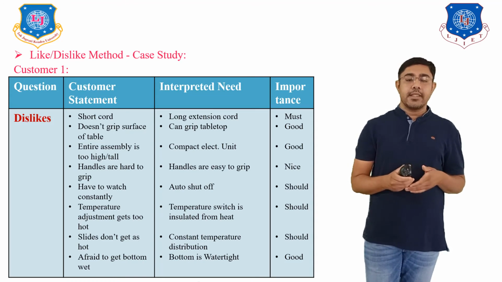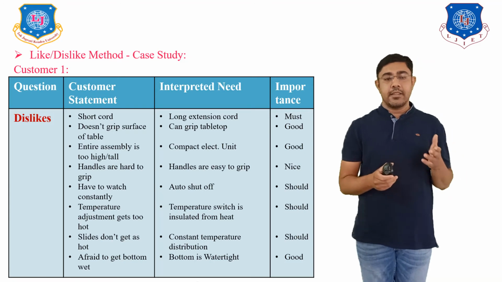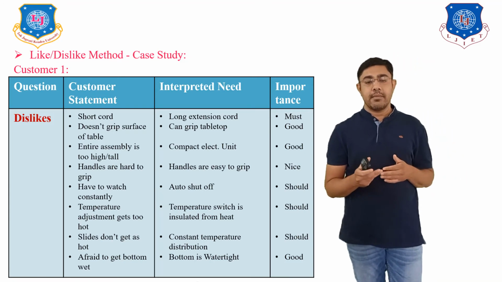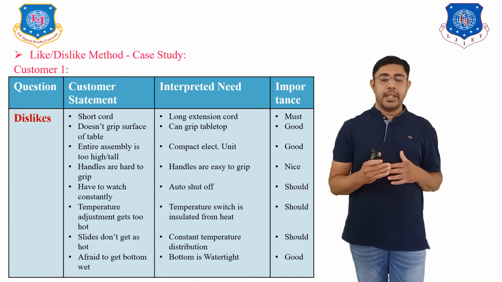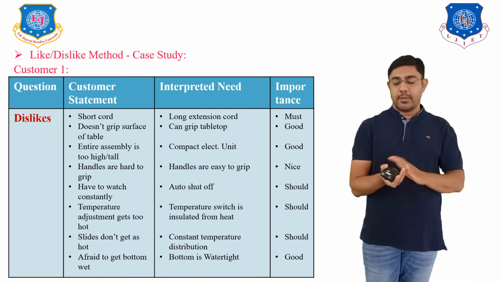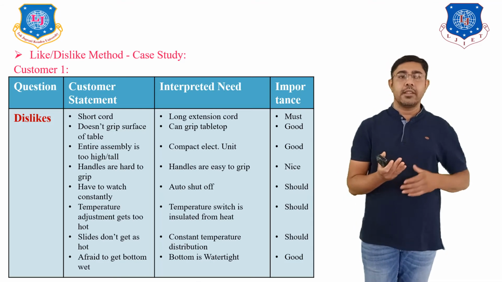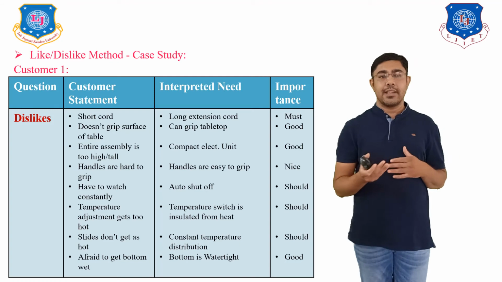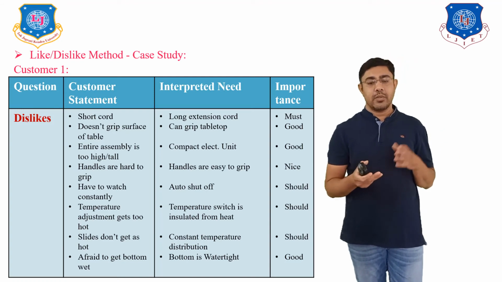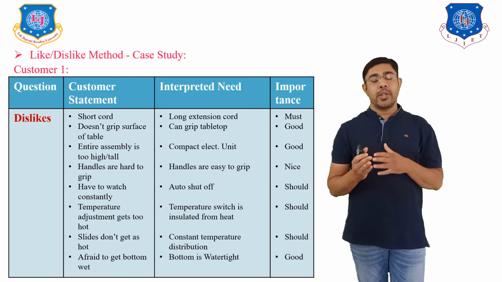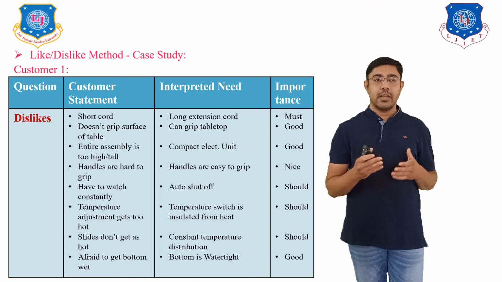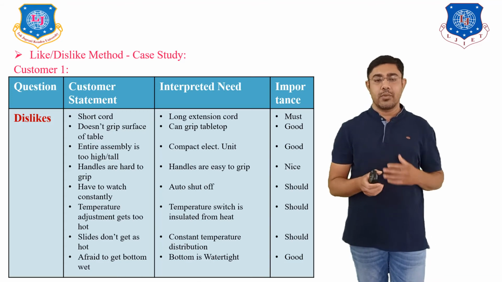And the next and last dislike statement of customers is afraid to get the bottom wet. If the bottom surface is wet, they are afraid because it's an electric frying pan. So the interpreted need is the bottom is watertight, and the expression of the customer is good.